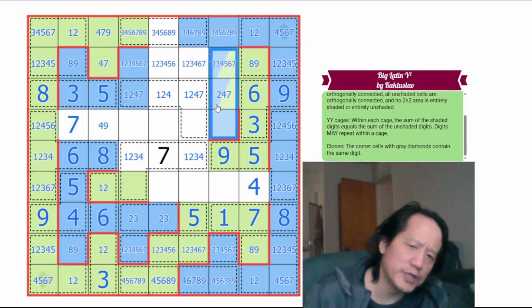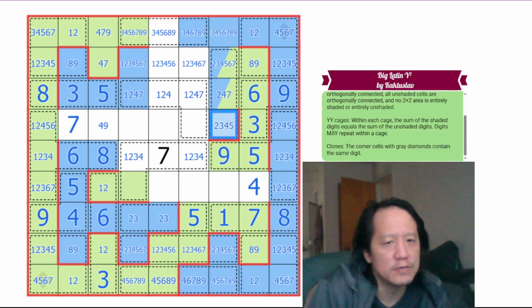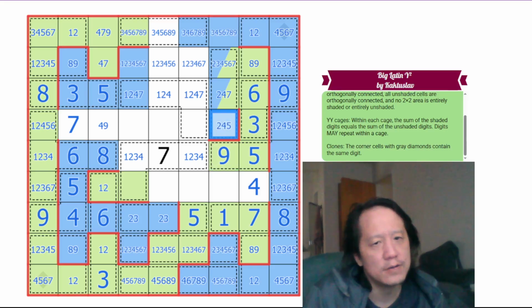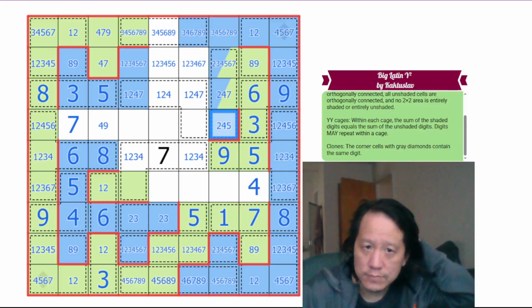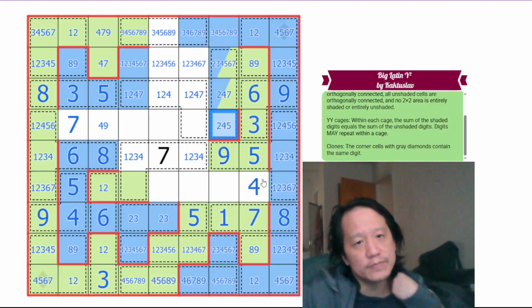2 of the blues add up to the green. So the blue, these are 2 through 7. So the green adds up to 7 at most, which means the blue must be 2 through 5 to add up to 7. Cannot be 3 here. To add up to 7, it could be less.